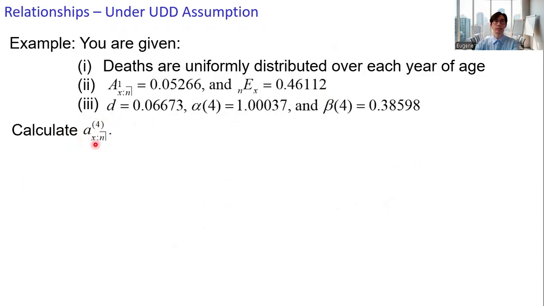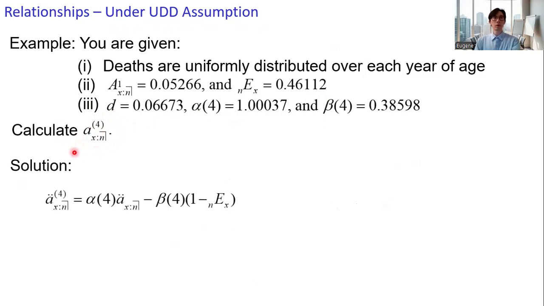This is an annuity immediate. All right, apply the approximation under UDD. We have this.